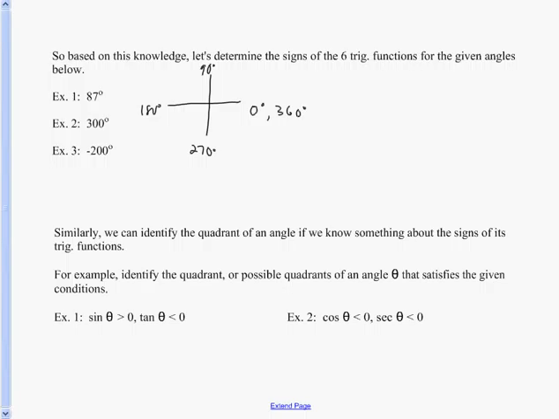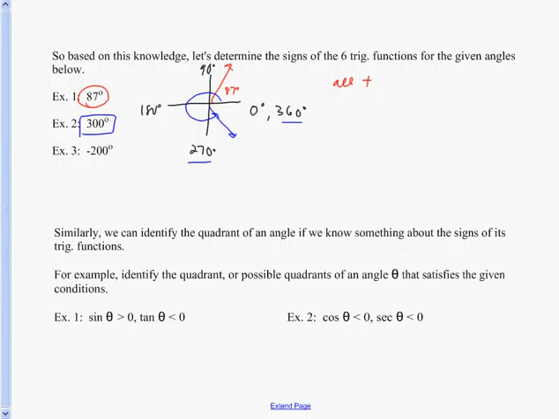So my 87 degrees would fall into quadrant 1 somewhere, which means that all my 6 trig functions are positive.